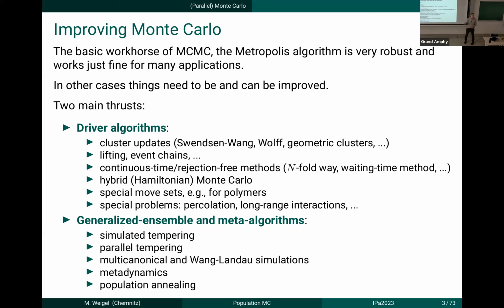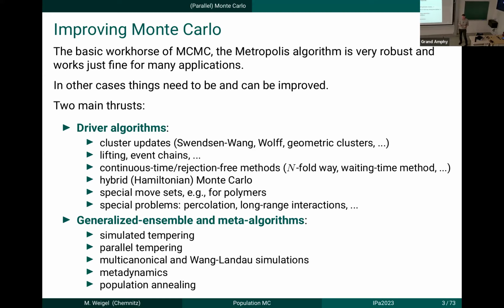For example, cluster updates can actually jump barriers in some sense, but more often than not, for a system that doesn't have an obvious symmetry built into it, where the metastable states are not connected by a simple symmetry, you will have a hard time finding a move set that connects these metastable states in a systematic way.